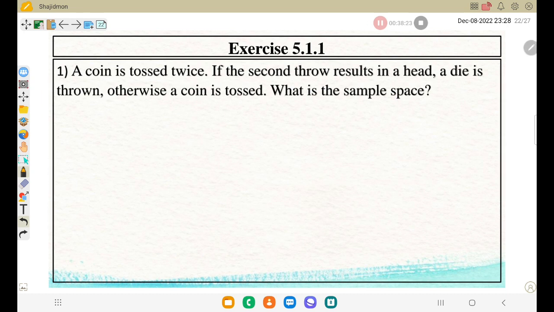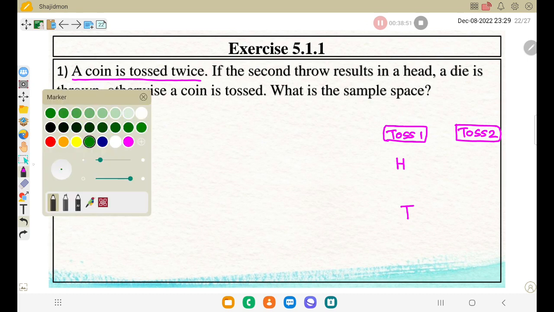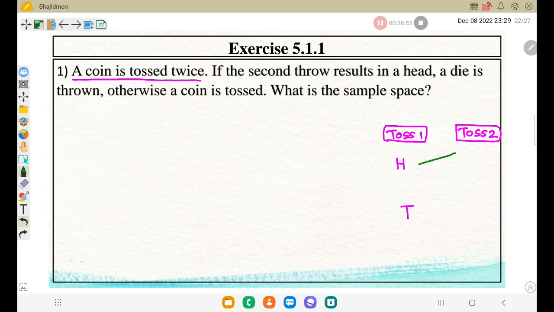A coin is tossed twice. A coin tossing two times, correct? So first time tossing, second time tossing, correct? Toss number 1 and toss number 2. Okay, so first toss, what are the options? Either head will come or tail will come, correct? Only two options. Now if you go to first head, what is the possibility?